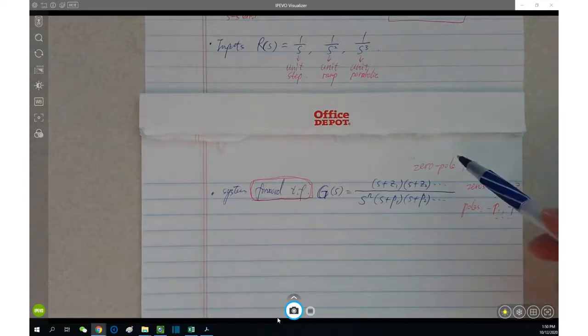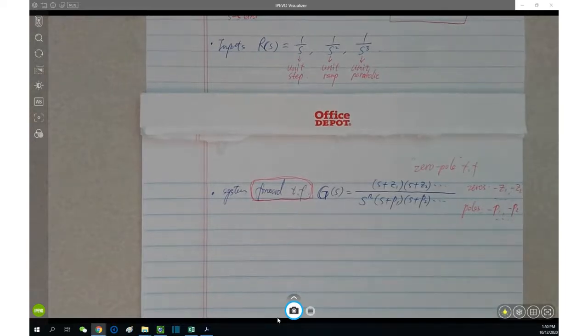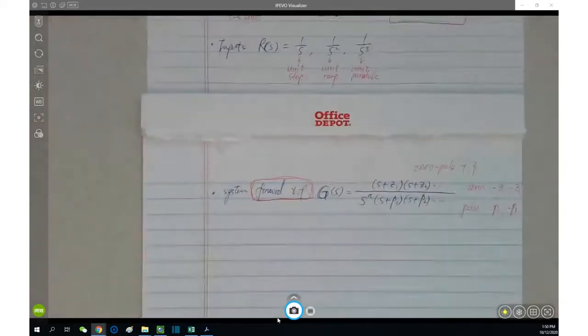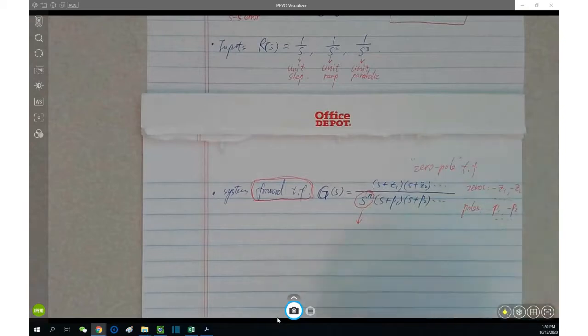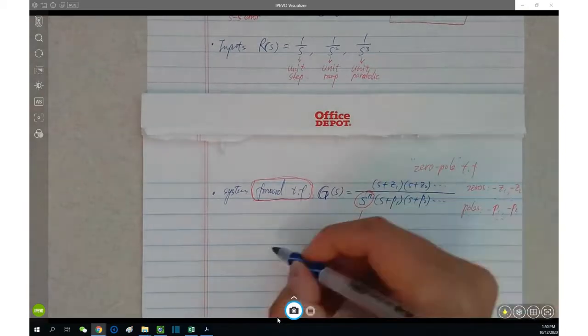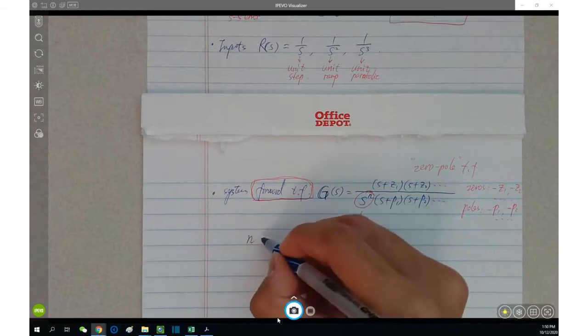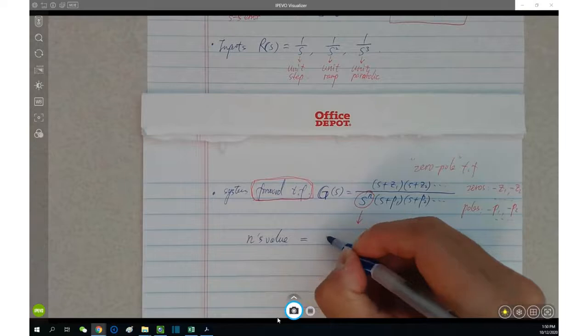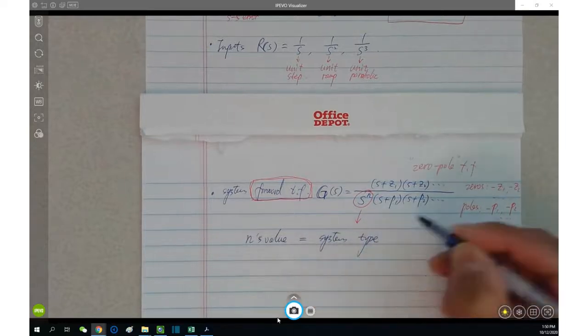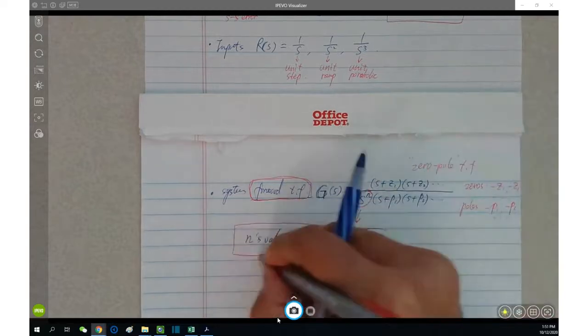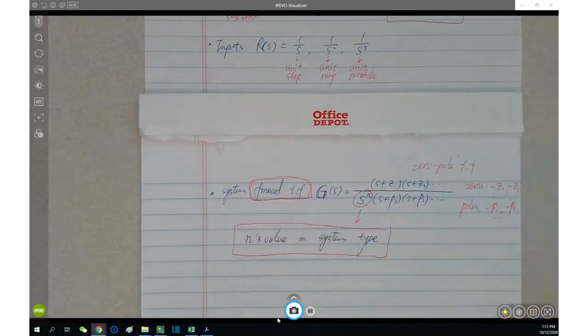This is actually what we learned before, but in this module, the point is here, this guy. N's value is equal to the system type. This is one of the most important concepts we learned today.